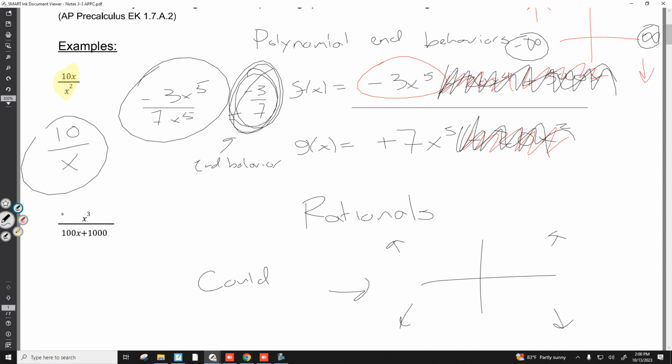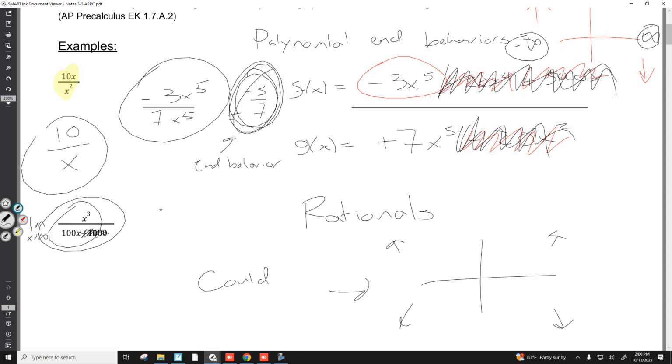What about this guy? Well, I would cross off the 1,000 because it doesn't matter when we're talking about end behavior and we're talking about infinities being plugged in. Cross that out. So you just divide x cubed by 100x. What do you get when you take x cubed and divide it by 100x? Good.